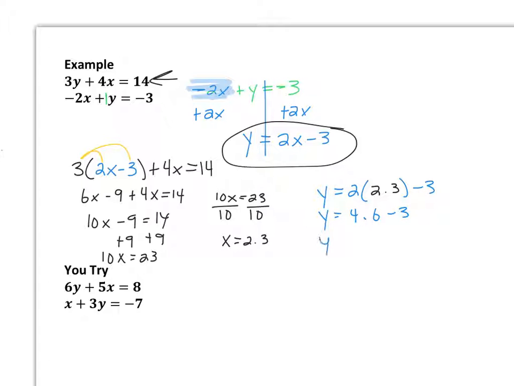So y equals 4.6 minus 3, which is 1.6. So our final solution, our ordered pair, is (2.3, 1.6). And again, we can plug both of those values into each of our equations. If those values don't make each of our equations true, then we made a mistake somewhere that we need to go back and look for.